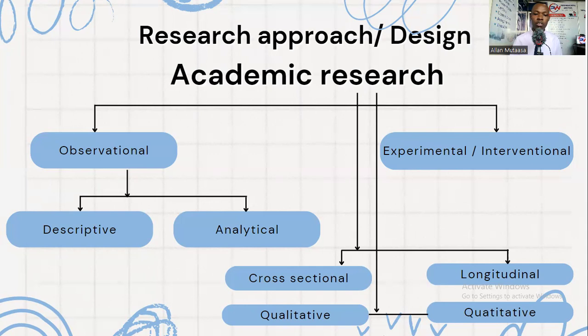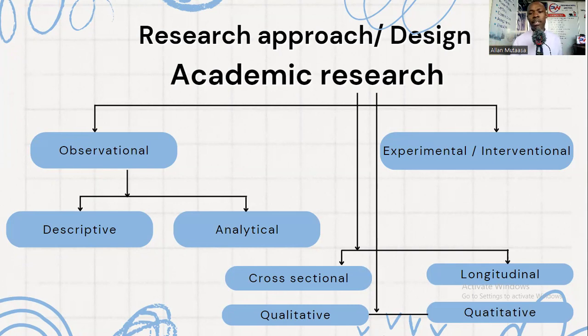If I say factors contributing to poor performance in a company, then that study is going to be a descriptive study. But if I say the effect of employee motivation on performance, then that study is going to be an analytical study because I am going to compare two specific variables.